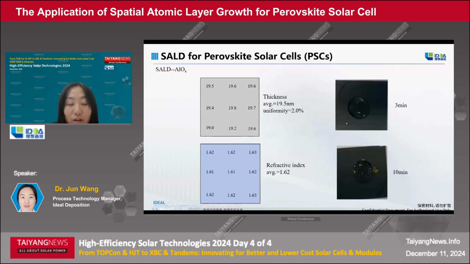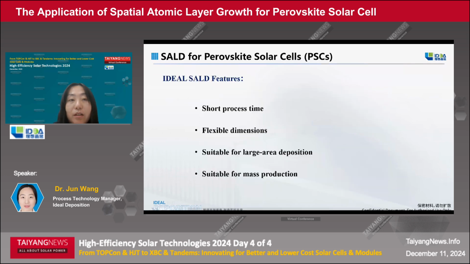A drop of water was put on the perovskite covered by alumina to study the water resistance of the SALD alumina. The result shows that the perovskite was corroded 10 minutes later, which proves the SALD alumina has good quality to prevent water penetration.